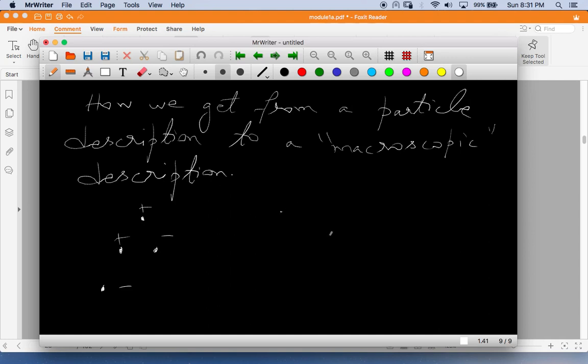A positive charge here and a negative charge here. If the negative charge is moving past the positive charge, it would be attracted towards it. And on the other hand, if there was a positive charge trying to move towards it, it would be repelled. So either way, there are forces, and these particles are subject to collisions.